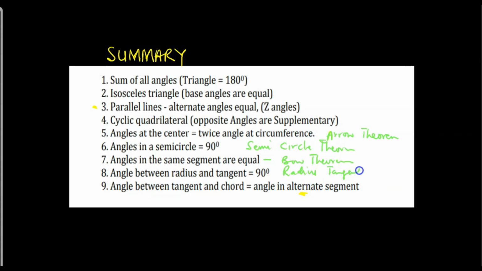And then finally, the angle between tangent and chord equals the angle in the alternate segment. So that is the alternate segment theorem. So this brings us to the end of the final section on circle theorems, or the angular properties of circles.